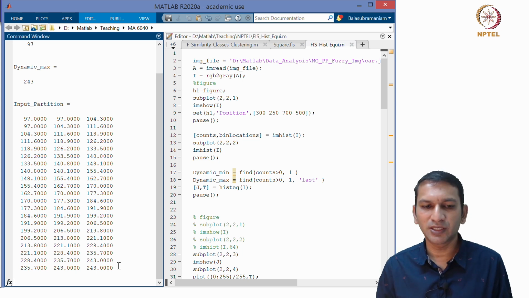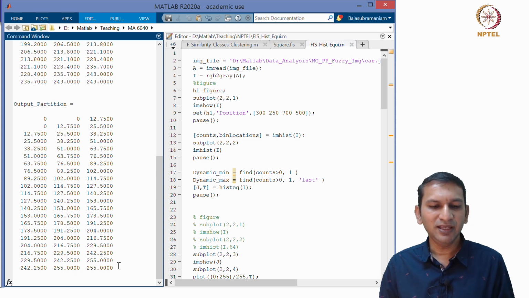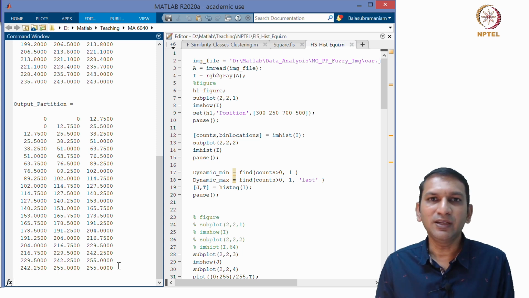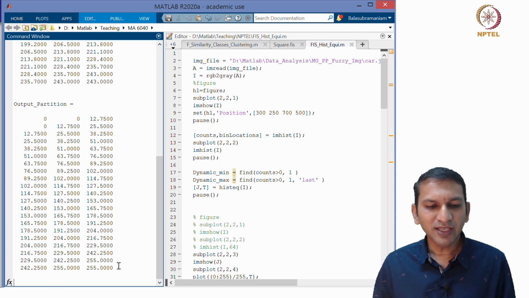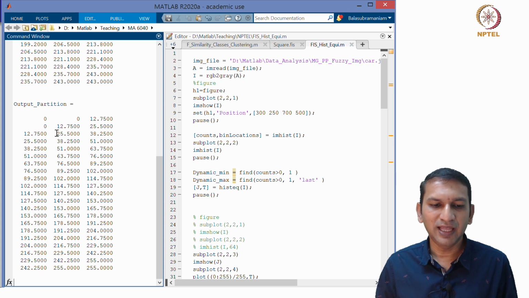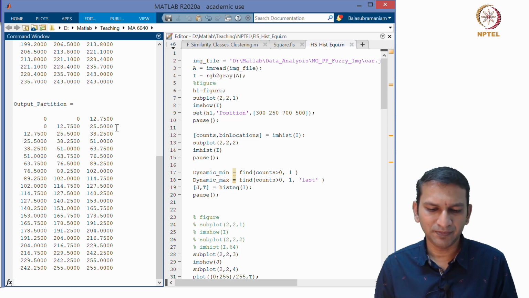These will form the 21 antecedents on X, and similarly the output space has also been partitioned using 21 triangular membership functions. Now, using these values as the L, C and R, the left, center and the right point for the triangular membership function, we can build a fuzzy inference system.